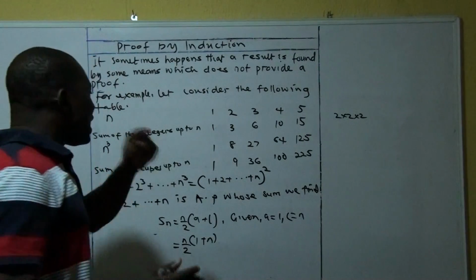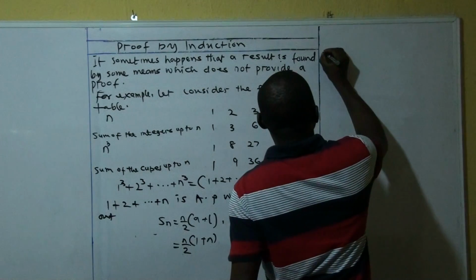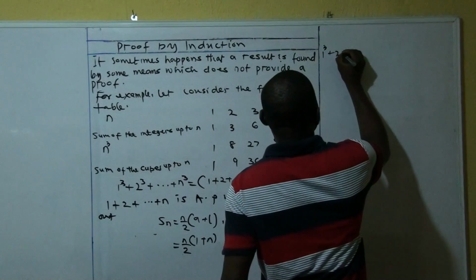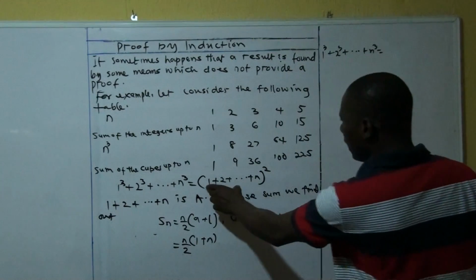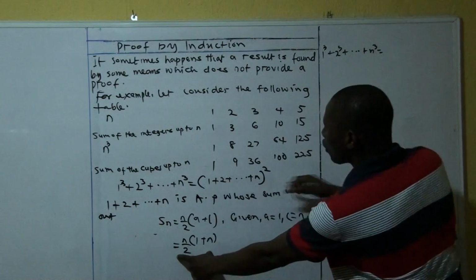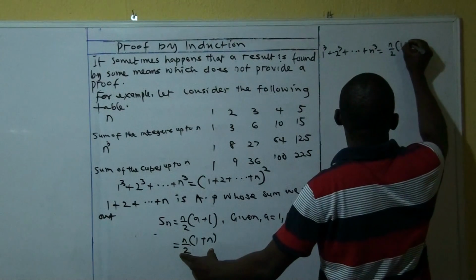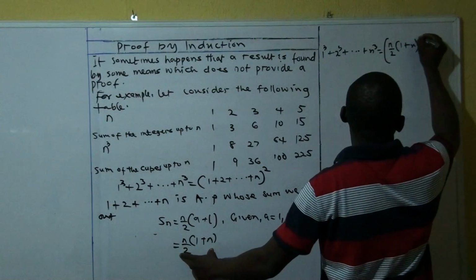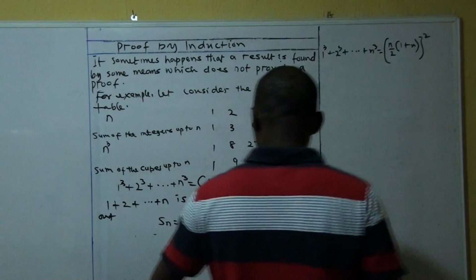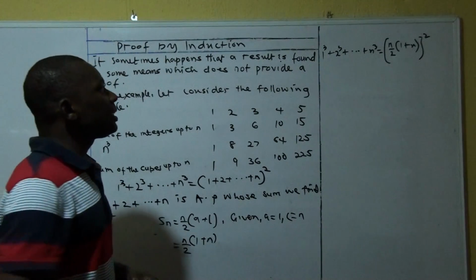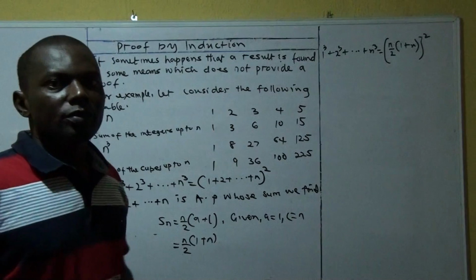So it is natural to say that 1 cube plus 2 cube plus up to n cube is equal to, in place of this sum, n over 2, open bracket 1 plus n, all squared.